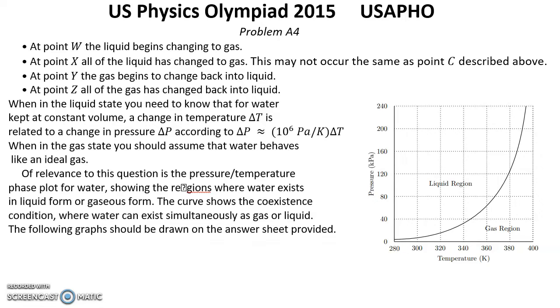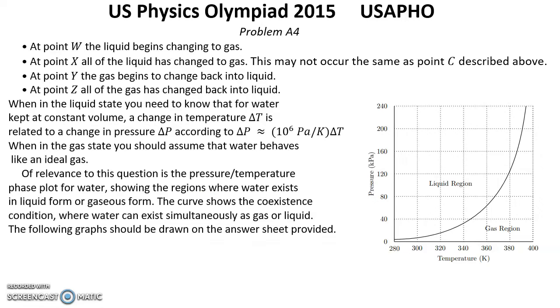When in the liquid state, you need to know that for water kept at constant volume, a change in temperature delta T is related to change in pressure delta P according to delta P approximately equal 10 to the power 6 Pascal per Kelvin multiplied by delta T. When in the gas state, you should assume that water behaves like an ideal gas.